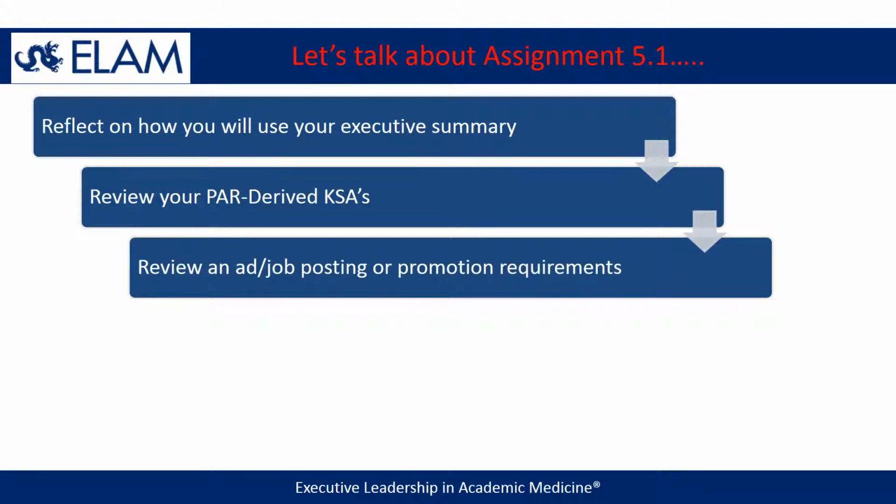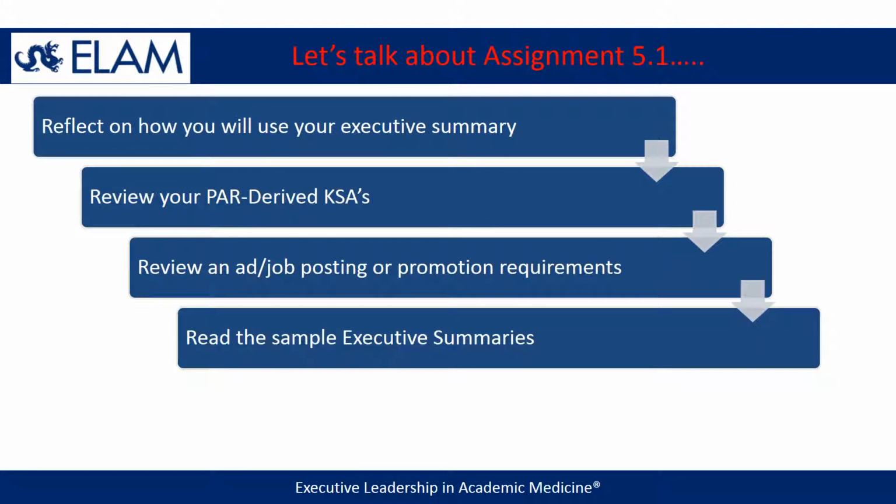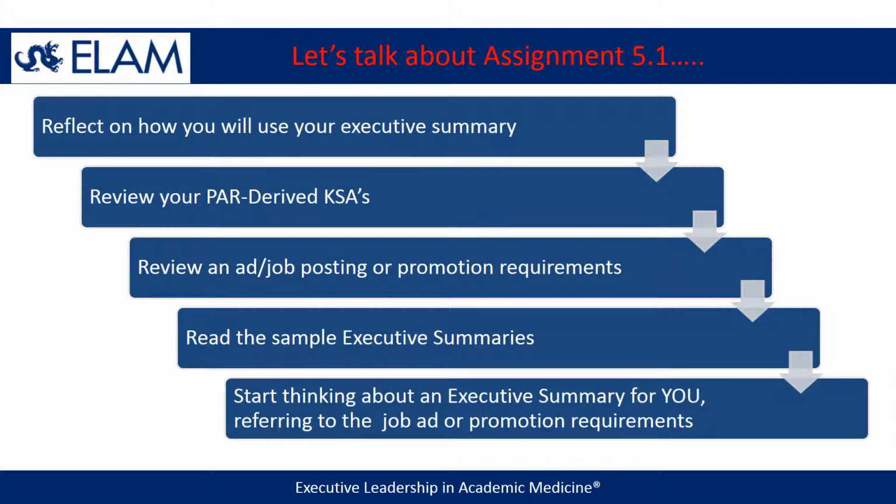Review an ad or job posting that you are interested in, or the promotion criteria for the next step for you. Read the example executive summaries in the D-Learning Instructions Workbook document. Start thinking about your executive summary referring to your KSAs, job posting, and example executive summaries.